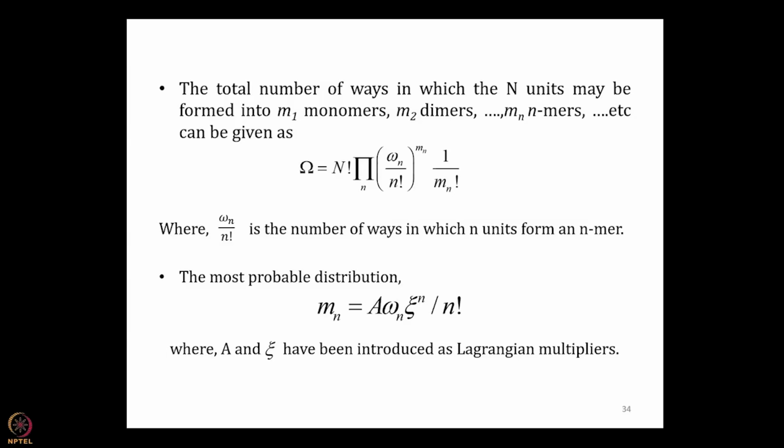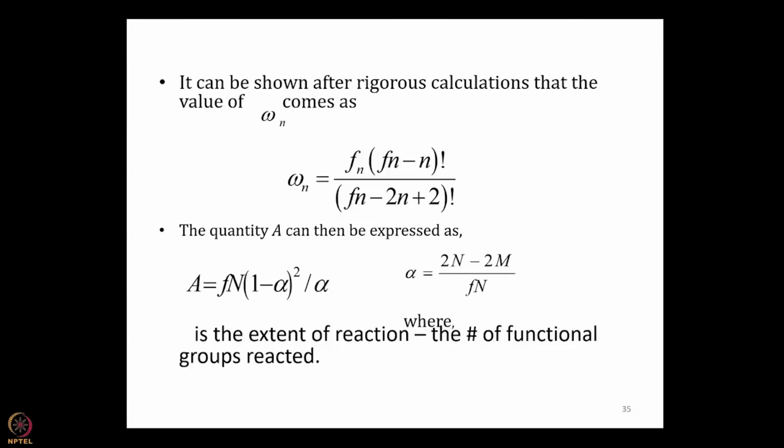And when you do that, I get a beautiful relation in terms of the most probable distribution, which actually parallels the one in Mayer's theory. Where there comes a fugacity in Mayer's theory, here that quantity is zeta. And the beauty of that is I can now evaluate A and zeta.